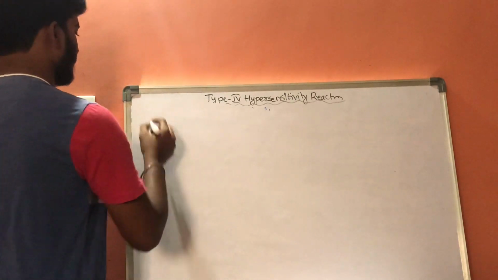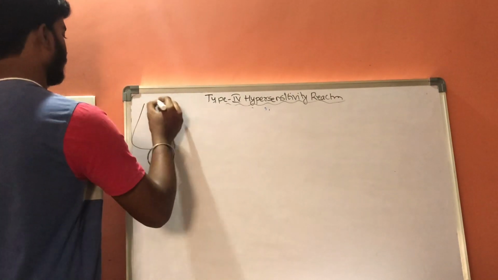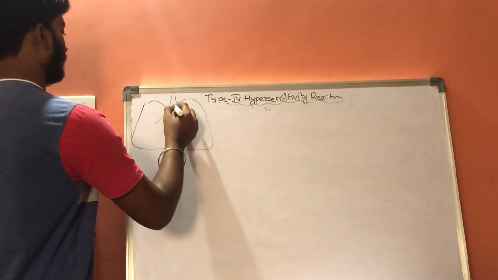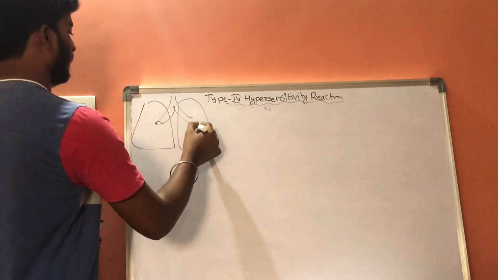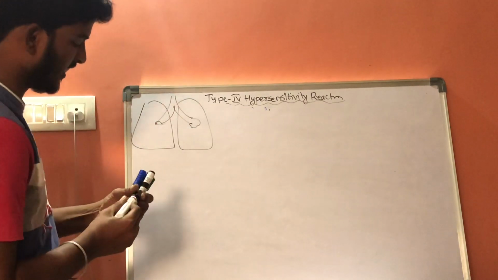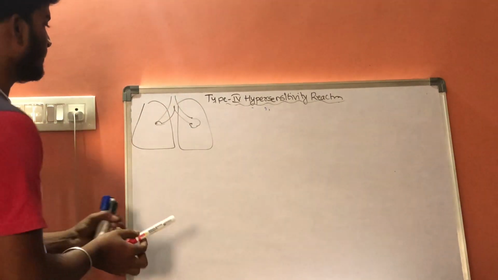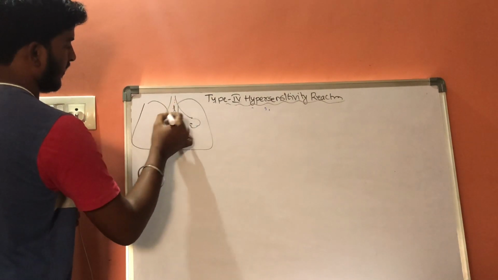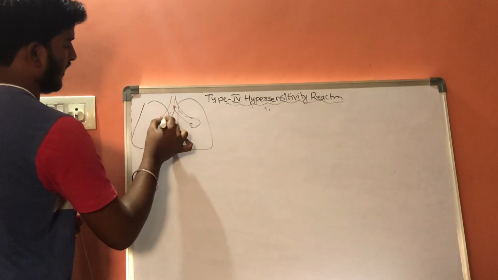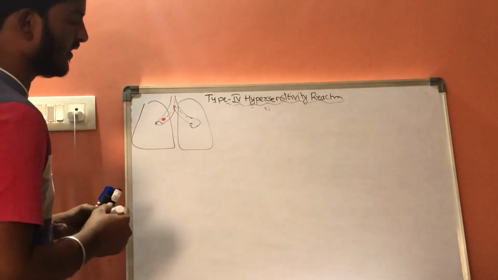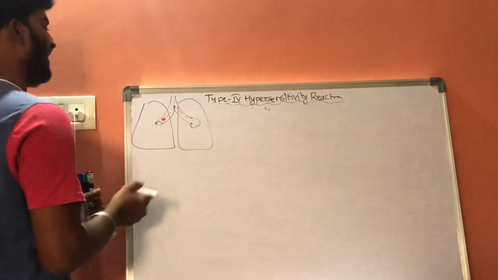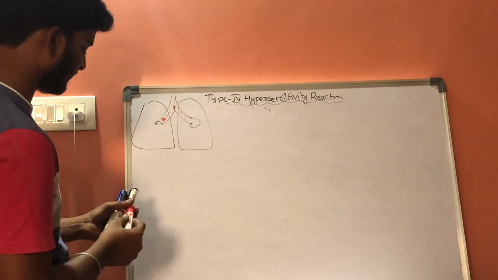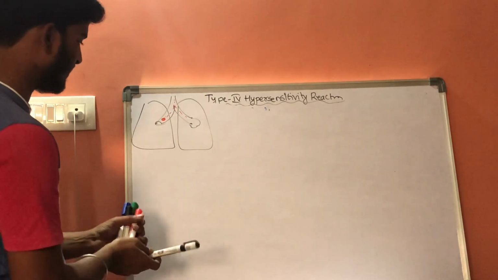Let us consider these are our lungs. Inside our lungs, let us consider there is a TB antigen present. This TB antigen will activate the macrophages, and the same process takes place.